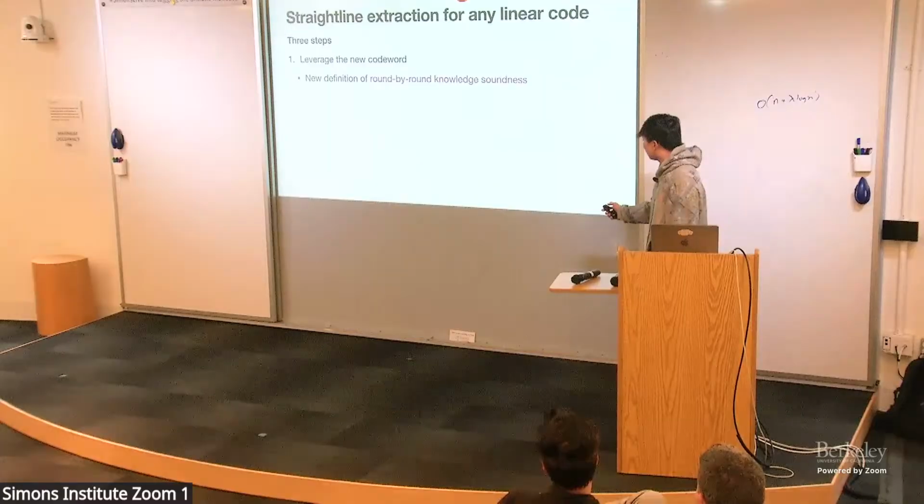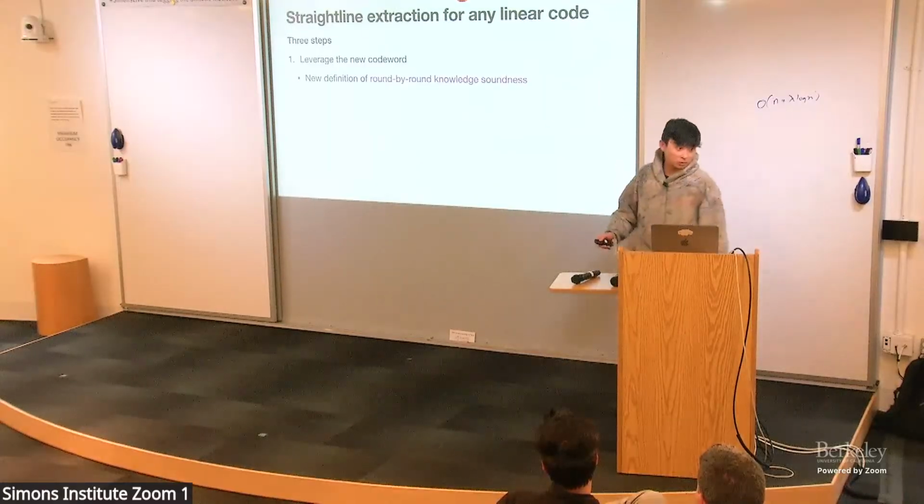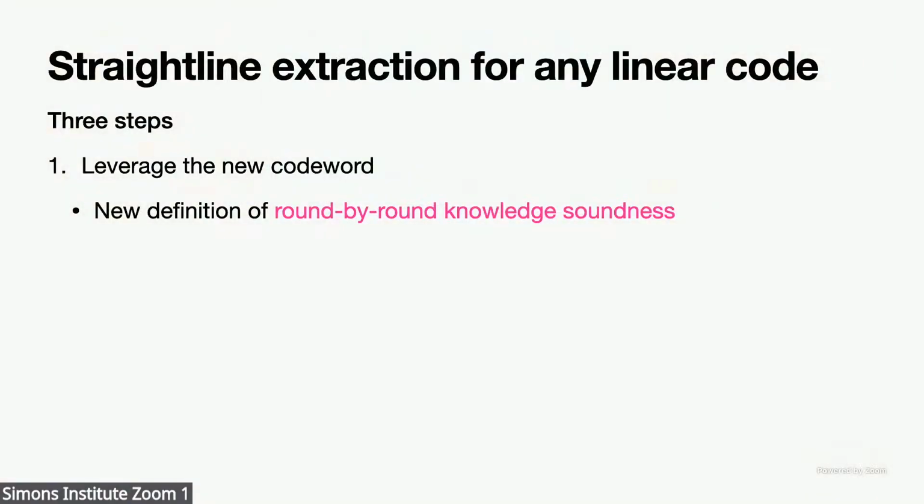There is a generic result that shows if you're round by round knowledge sound, then you're going to have QROM security. The issue is that we had to redefine what this is, so you need to redo that proof. I don't think anything fancy is going on there though. I think you can fairly straightforwardly adapt it. Mechanical. Yeah, I just don't want to.